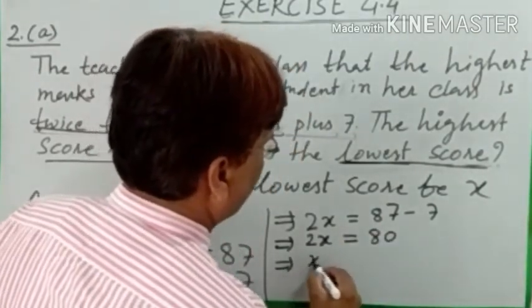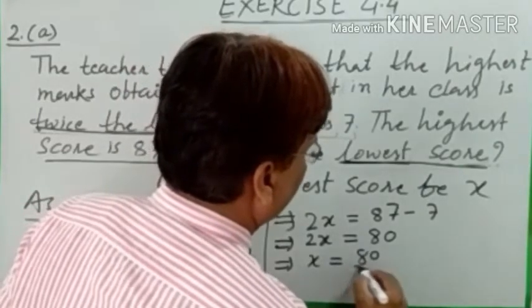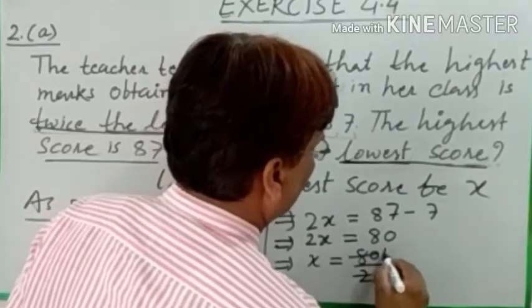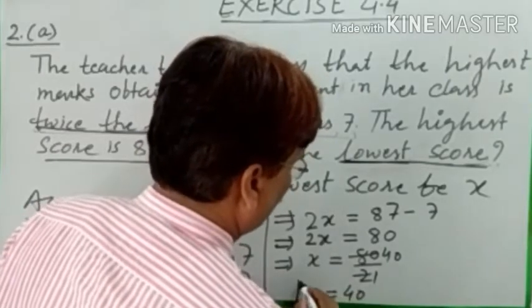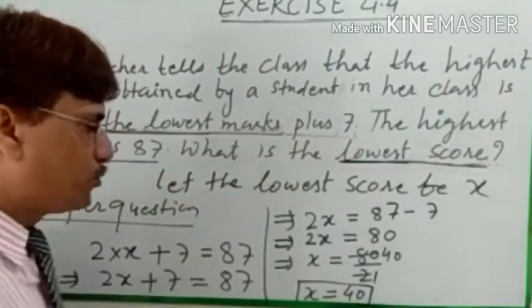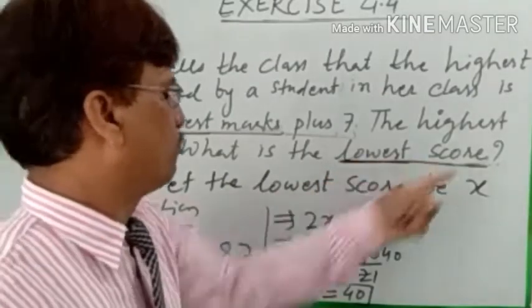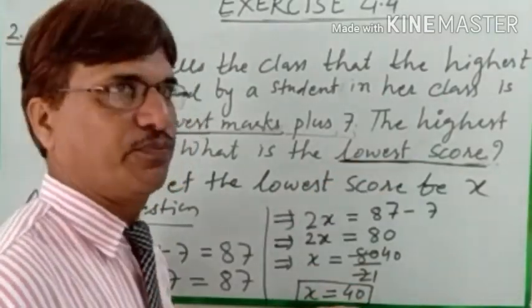Now x is equal to 80 upon 2, x is equal to 40. So lowest score is 40. Okay.